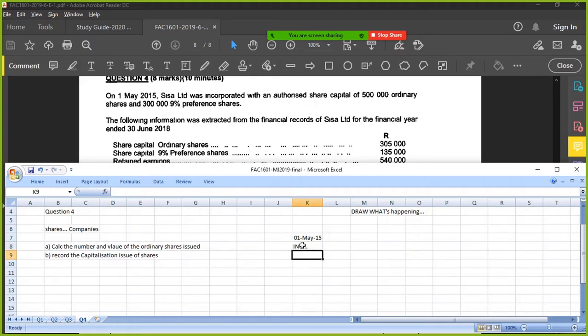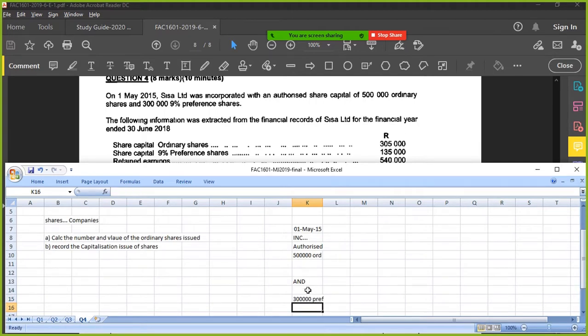You had authorized 500,000 shares, and you had 300,000 pref shares. Authorized means what I can issue. These are 9% preference shares, so there's a dividend of 9% on those shares.